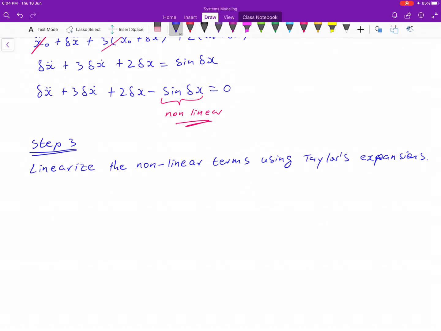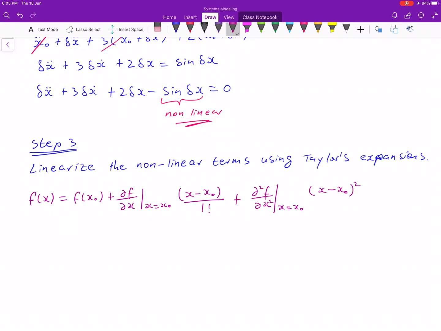Now Taylor's expansion, let me just write it down here. I'll write it in a different color. We have a function f(x) equal to f(x naught) plus the partial derivative of that function evaluated at x equal to x naught, times (x minus x naught) over 1 factorial, plus (x minus x naught) squared over 2 factorial, plus and so on.